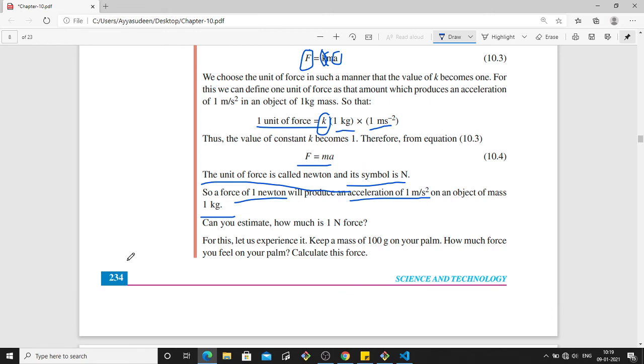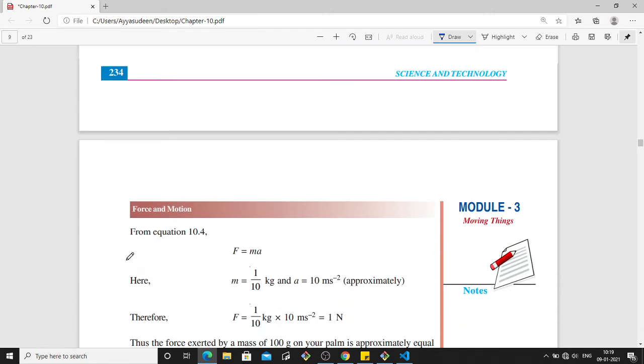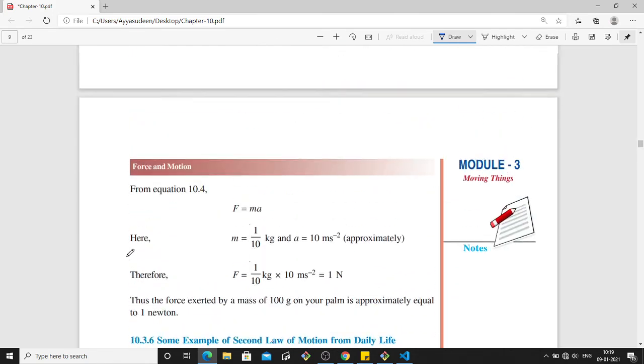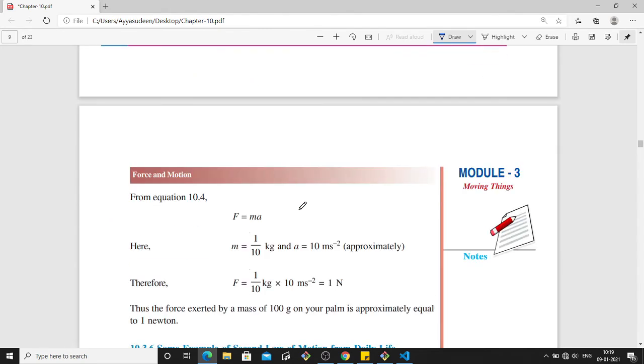Here they have given an example. Let's say there is an object of mass 100 grams kept on your palm. How much force do you feel on your palm? That you have to calculate.